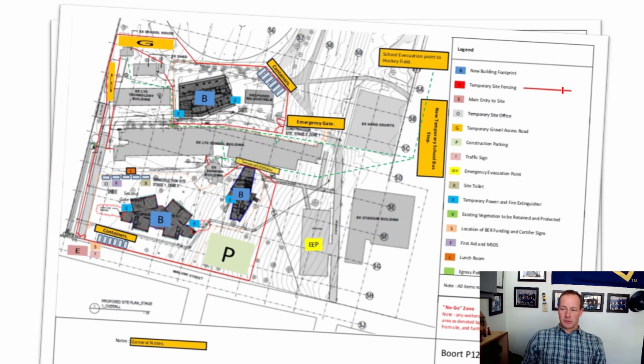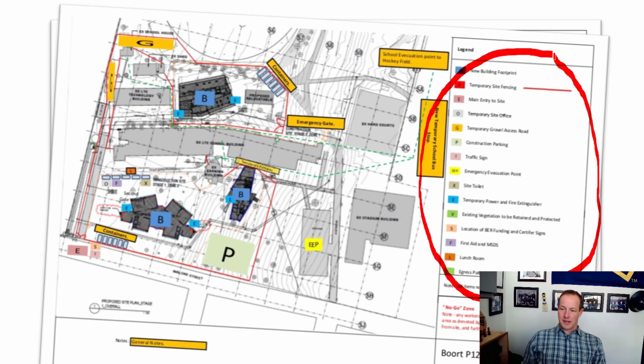So if you look at this job site logistics plan, you'll see over on the right hand side that we got this legend. Now, this legend is very thorough, but once you start trying to compare each of these colors with the letter to the job site logistics plan, it's like, where is this? So, okay, we got an EEP over here.